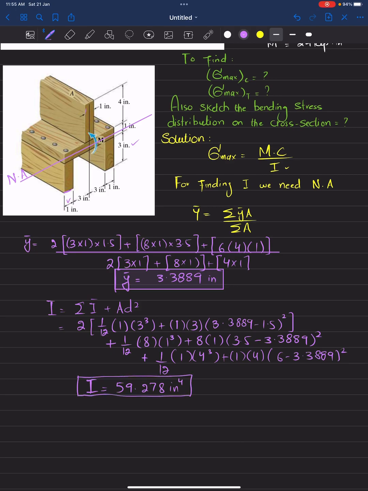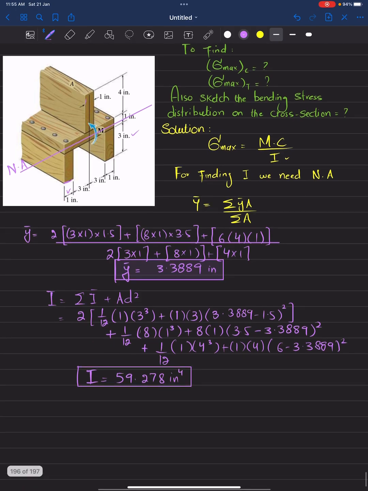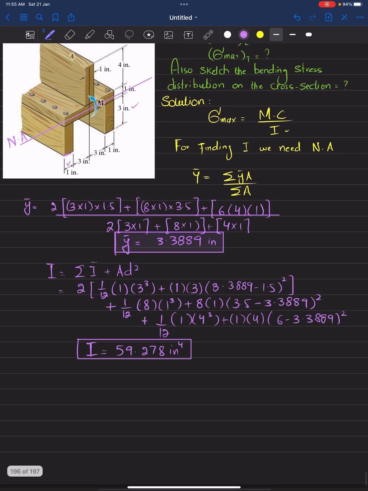Okay. Now you have I as well, so we will move toward maximum bending stress. As we know, due to this moment there will be compression in the upper portion while there is tension in the below portion.